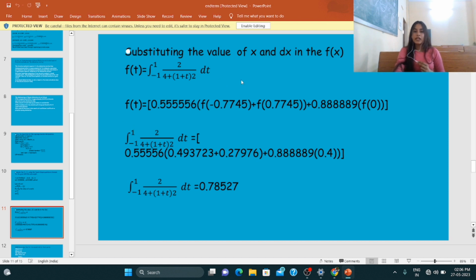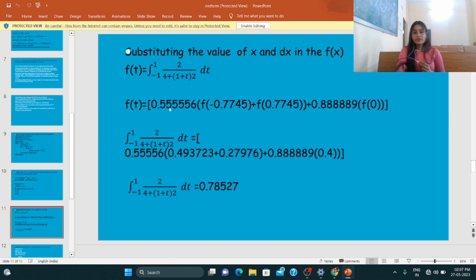On substituting the values of x and dx in the f of x, we get f of t equals to integrate limit minus 1 to 1 for 2 whole upon 4 plus 1 plus t squared dt.